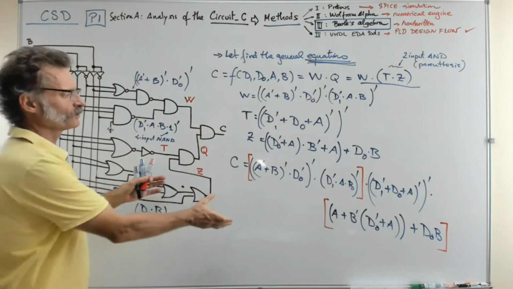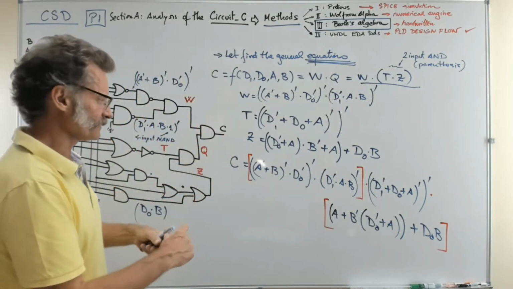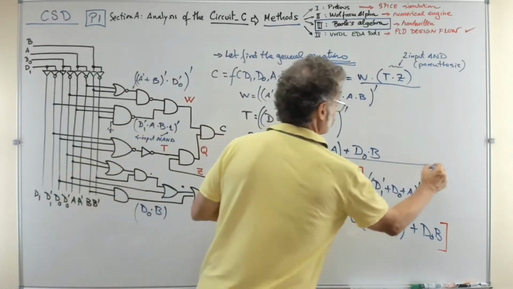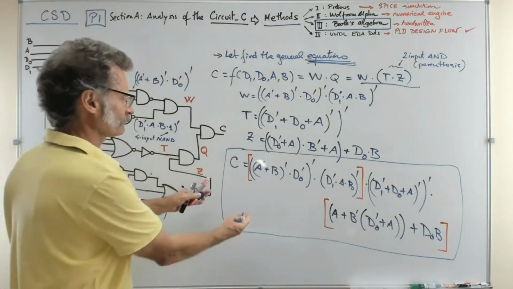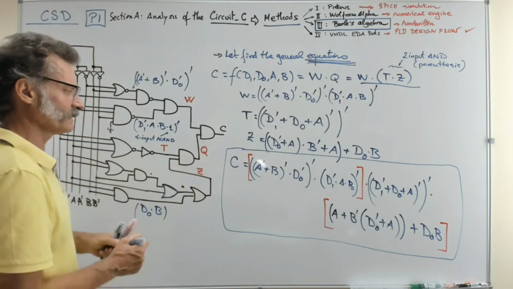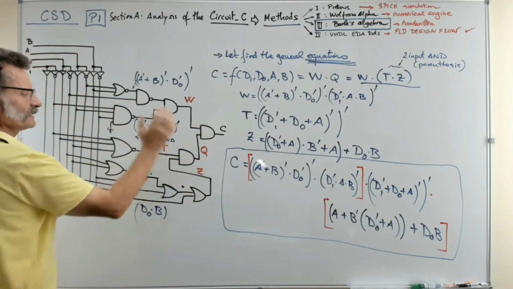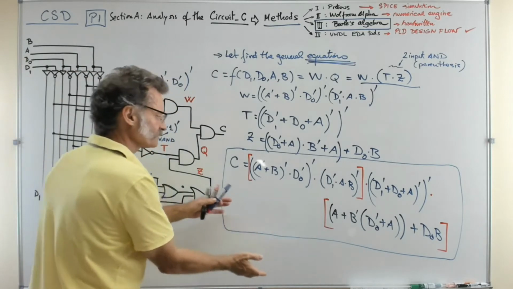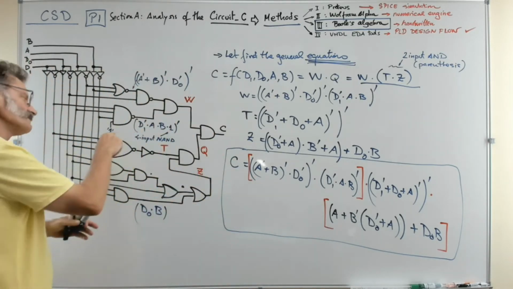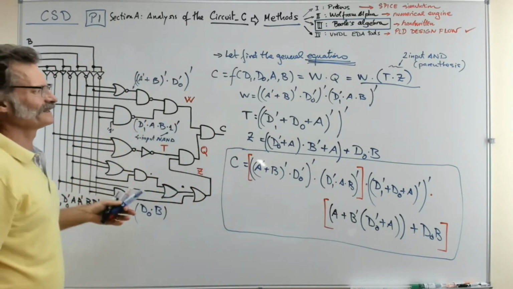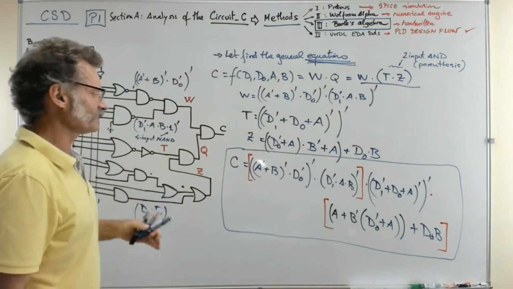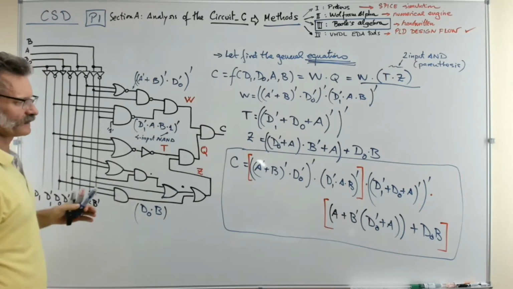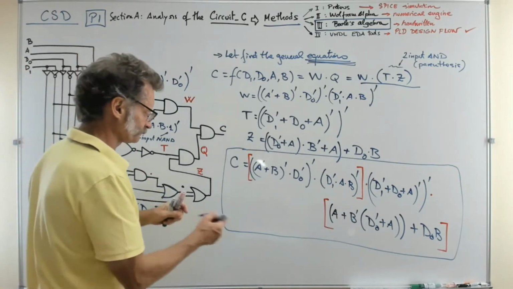So just go and check if you've got this equation here as the solution of, not the solution, just the beginning of the problem, the equivalent of the circuit. So if you like now, you can erase the circuit because you've got the equation which is exactly the same, apart from this idea of the four-input AND, which is not important in any way, but so that's the equation, okay?